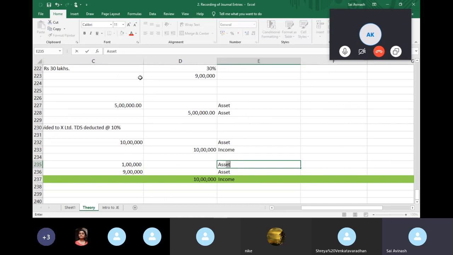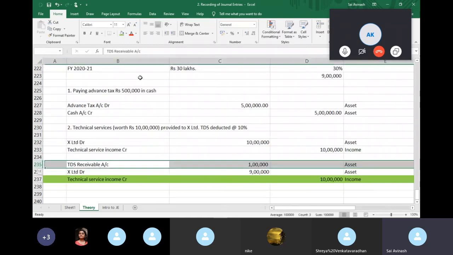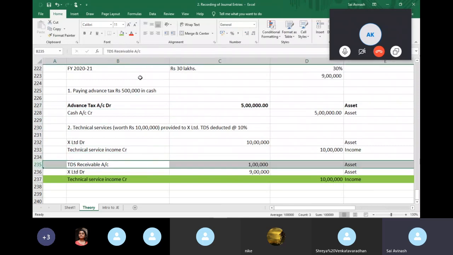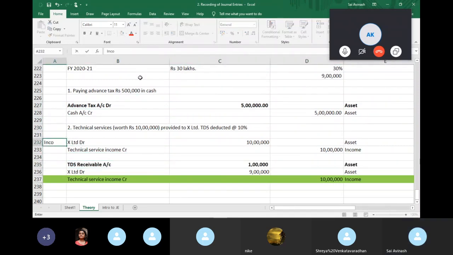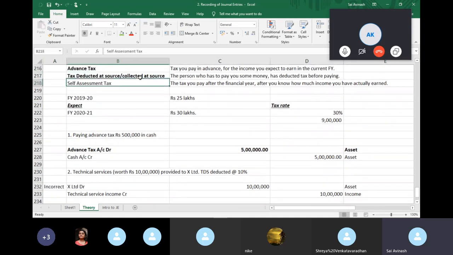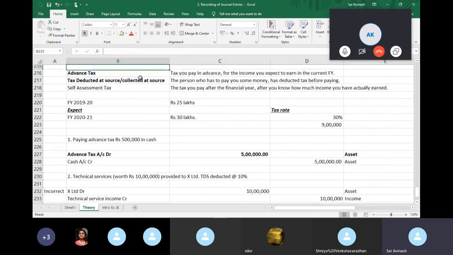And if you guessed it right, this is also an asset. So both advanced tax and TDS receivable are asset accounts. Okay. And self-assessment tax, you don't need to worry about it as of now.